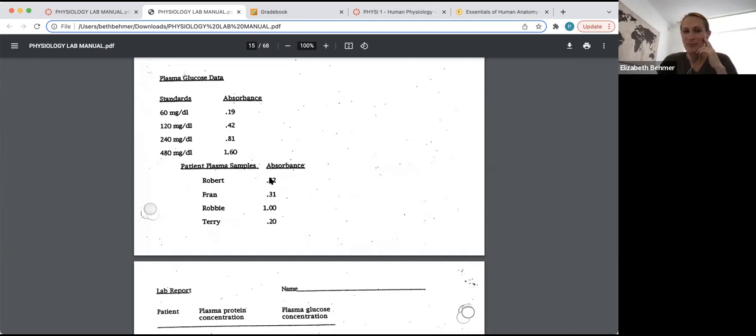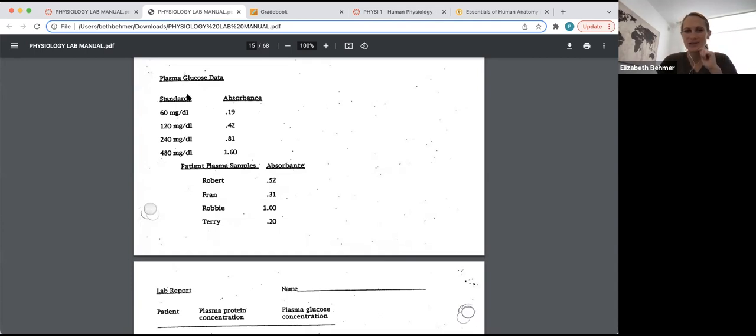So we have Robert, Fran, Robbie, and Terry again, and we have measured the absorbance levels of their plasma glucose concentrations. Using the standard graph that we'll plot, we'll be able to estimate their glucose concentrations on the graph. So with that, I'm going to take you to a graph page.